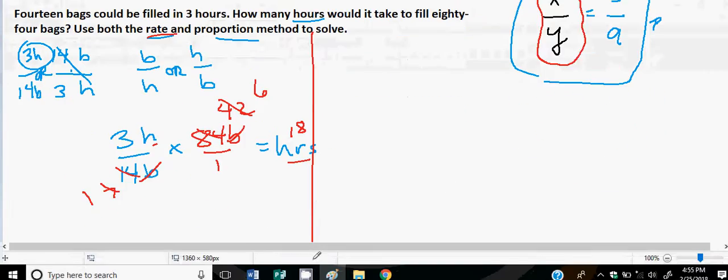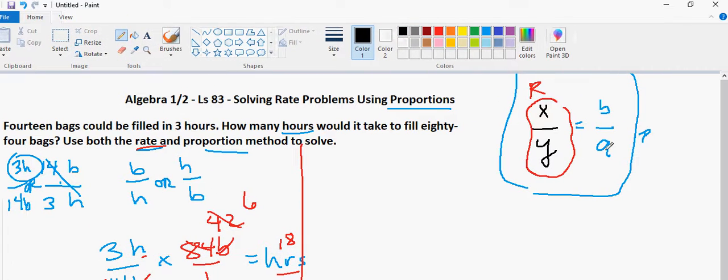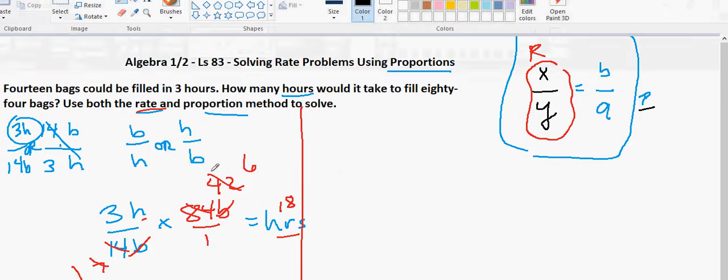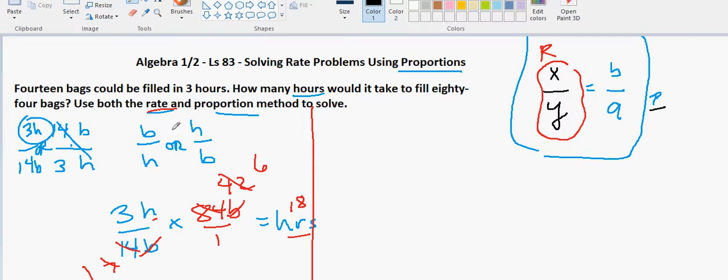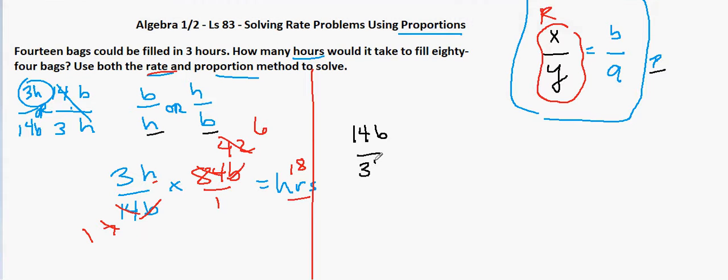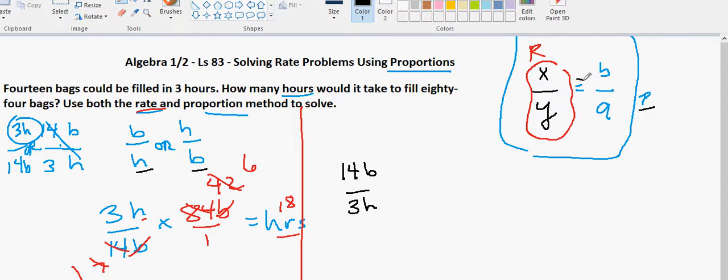Now let's try it the new way with proportions. What I like about proportions is it doesn't matter which one you pick. You can't get that wrong. Let's take this one, B over H. So 14 bags to 3 hours. Then we use a proportion, and we need the B's to match up.